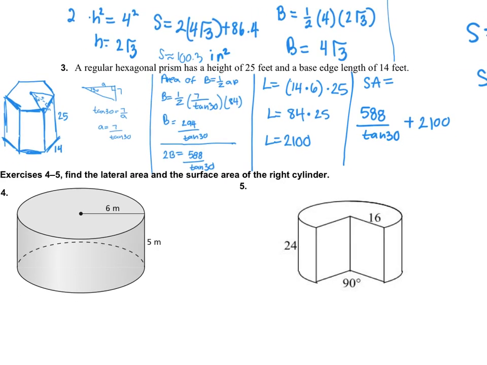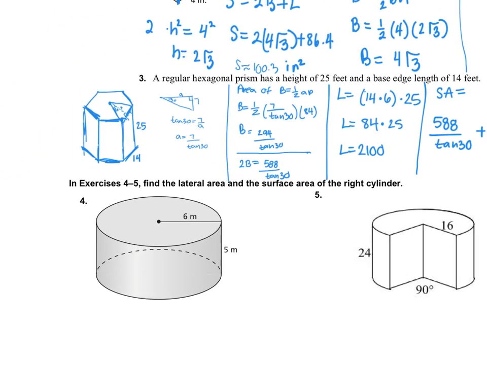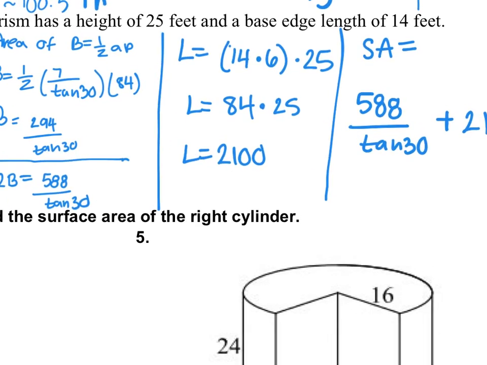So the perimeter is 14 times 6, which is 84, and then times the height, which is 25. When you do that, you should have gotten that your lateral area is 2100. So 2100, and that is, sorry, not inches, feet, so feet squared.